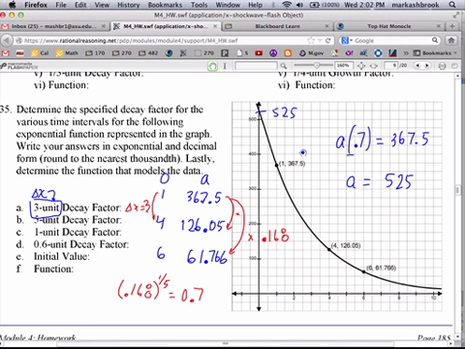Okay. So what I want you to do is work on, starting on page 154, while I finish the workbook checks, starting with number 2 on page 154.